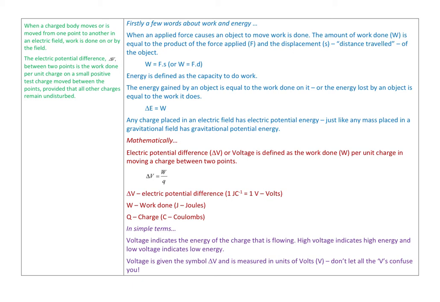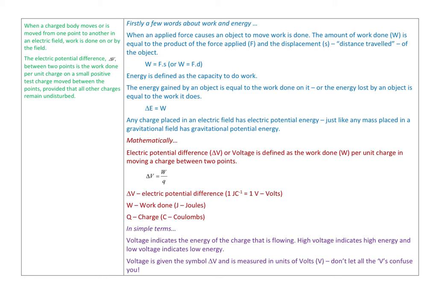So voltage is equal to work done per charge. It is the work per charge. Whenever we say per, something is basically divided by something. So voltage, symbol delta V, has the units volts, and we use V for volts.